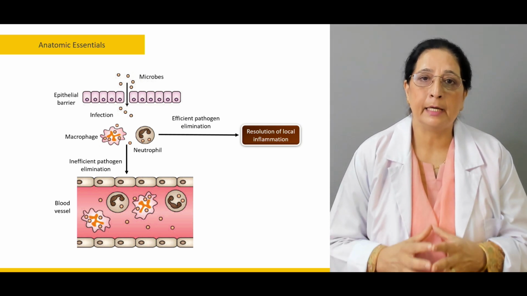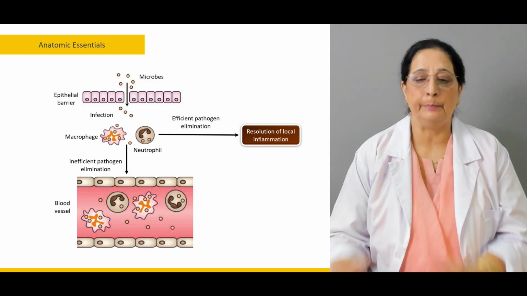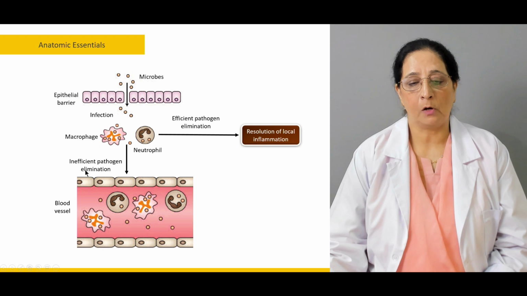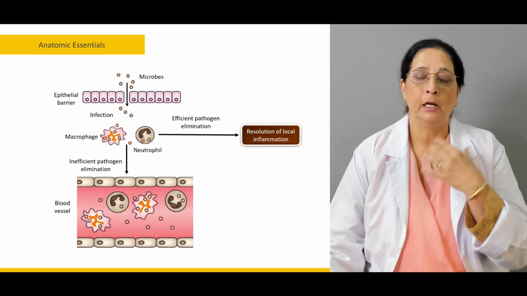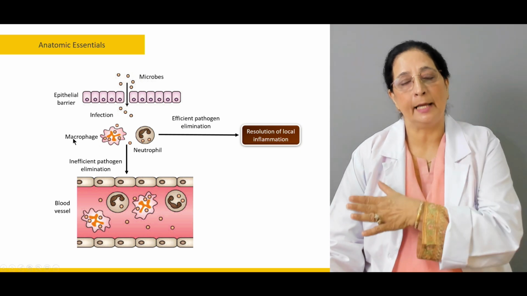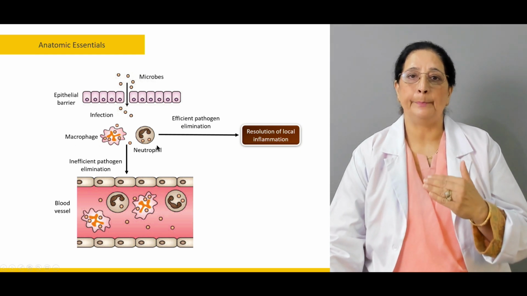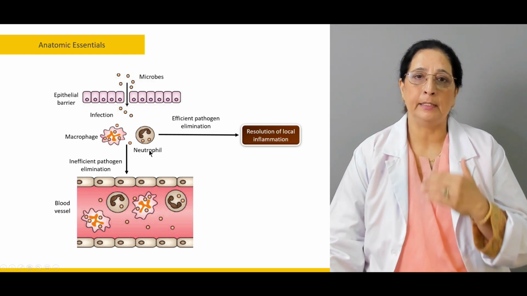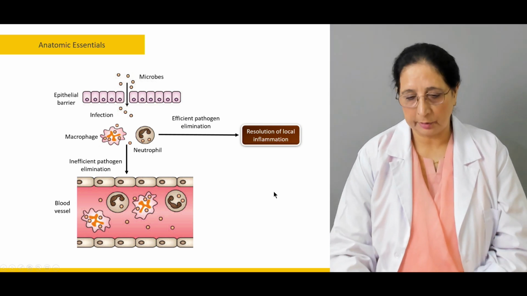But if it is not strong enough, the microbes reach the bloodstream and then cause sepsis. So that's the whole description of sepsis, and then sepsis can lead to septic shock.